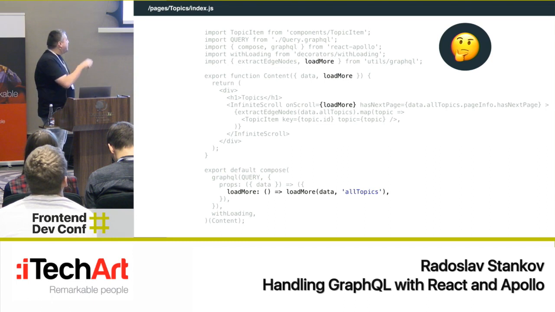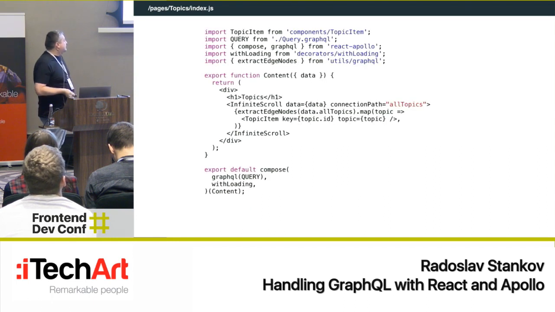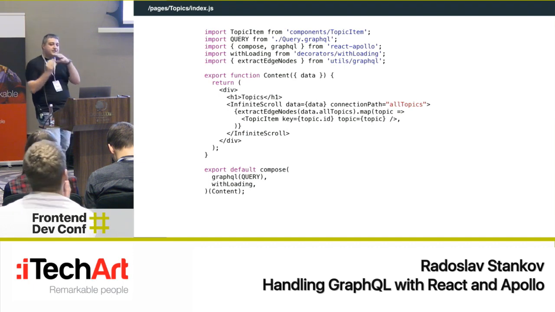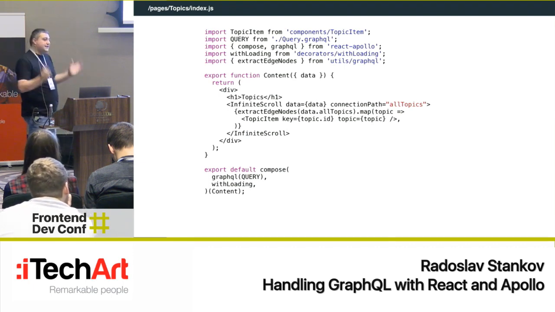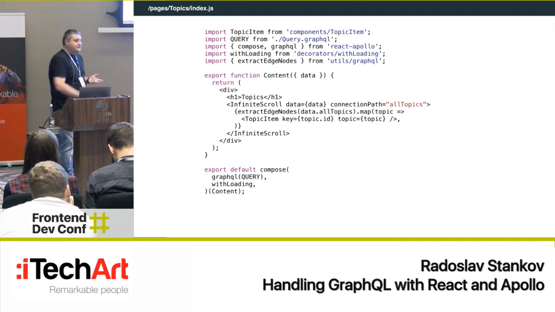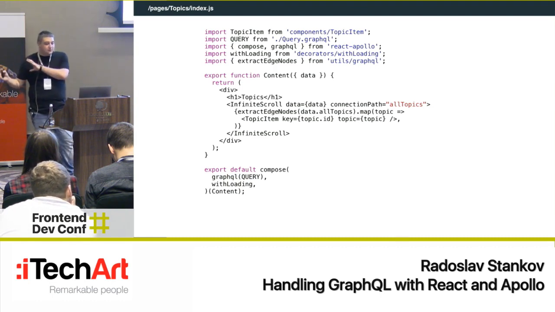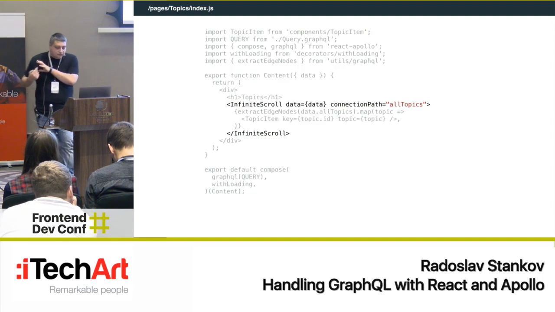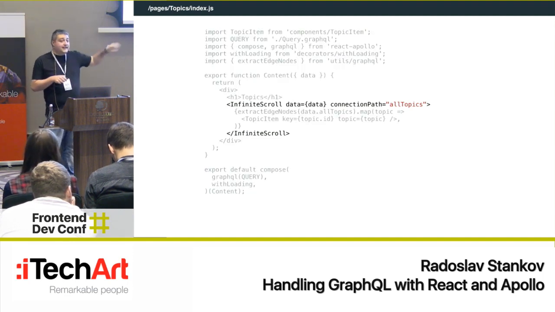Why do we have this step? So what I actually did is, I'm just passing the data here, the connection path here, and the infinite scrolling is actually the GraphQL specific part. All the stuff, extracting the edges, getting the loadMore, gets hidden into a single component. And right now it's quite cool because you just have to use this component, you just pass it data, you say what you want to paginate and it paginates.